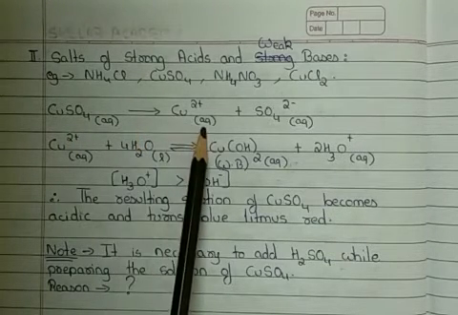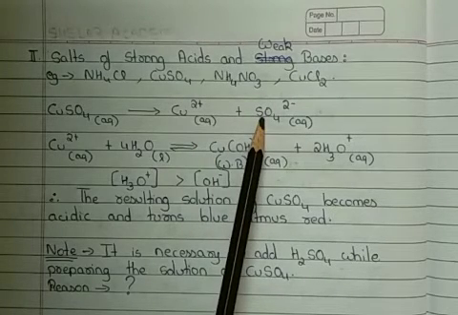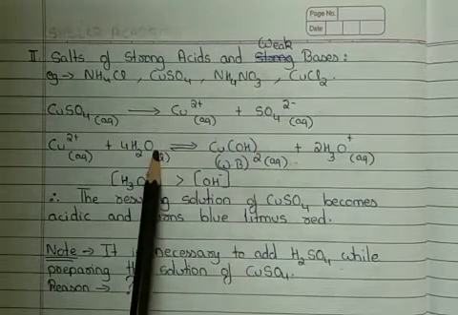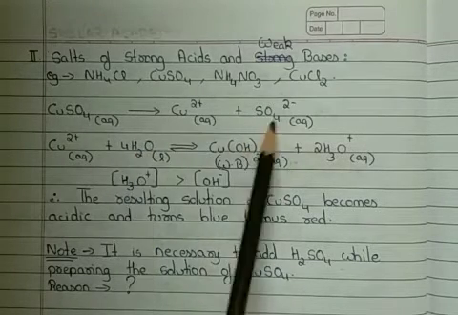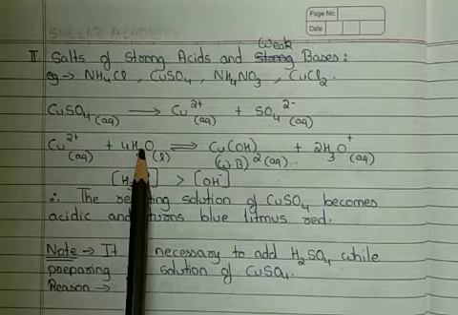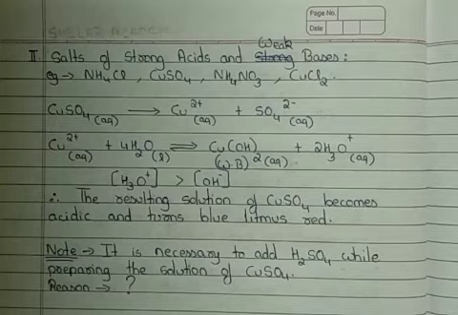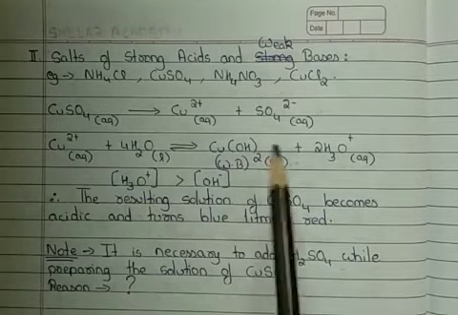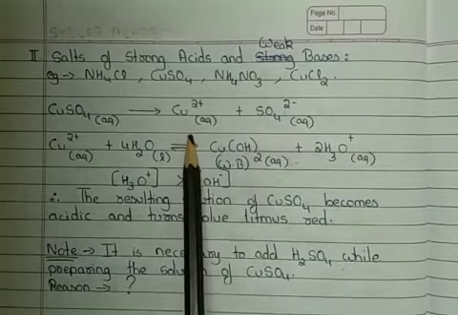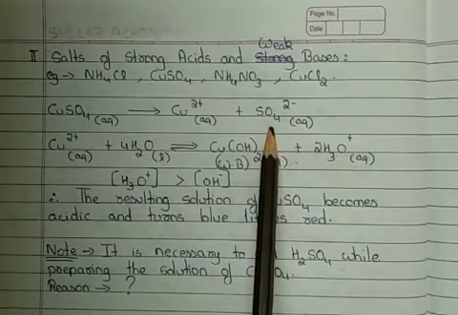Now, the sulfate ions formed do not have any tendency to react with water. Why? Because if they did react with water, it would form the possible product H2SO4, which is nothing but our strong acid, and that H2SO4 would again dissociate to give H+ and SO4 2- ions. So among the two ions, the sulfate ion does not combine with water molecule.